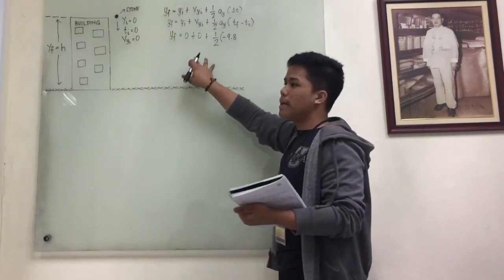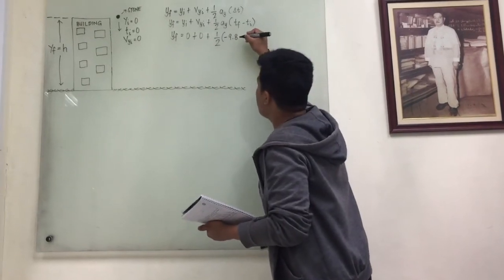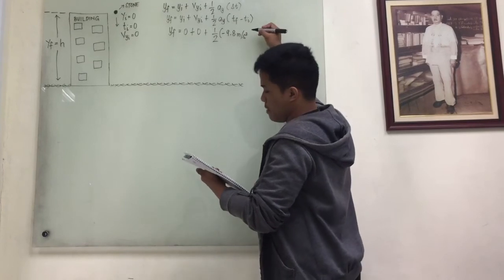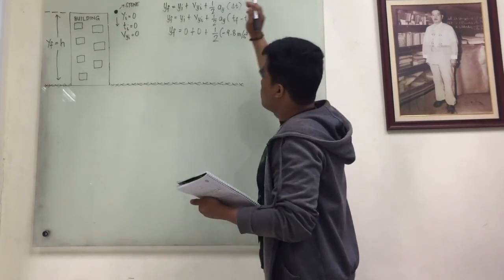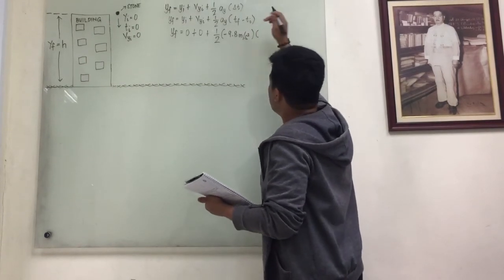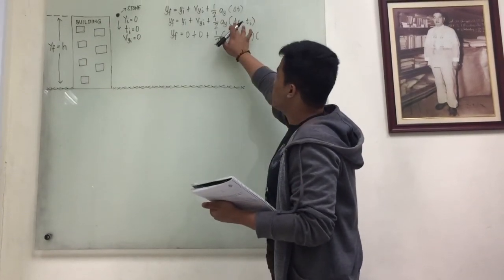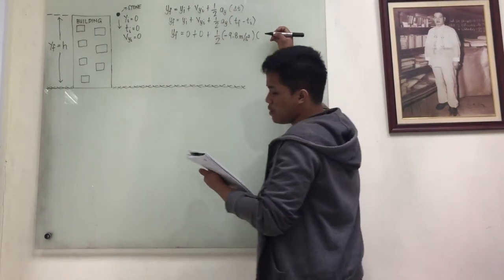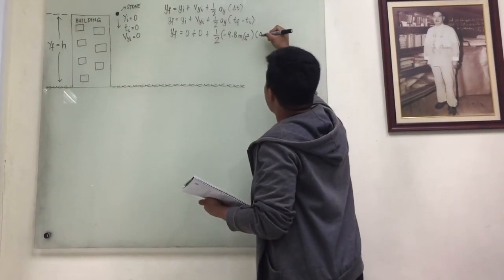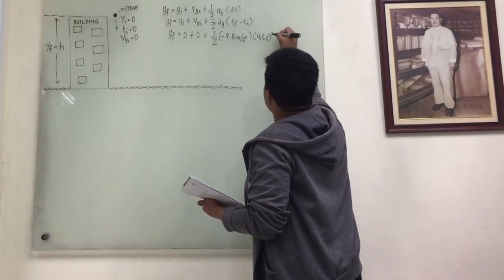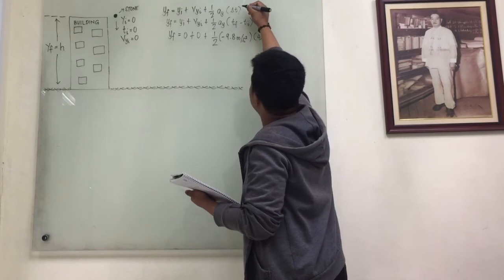Since this is a free fall example, negative 9.8 meters per second squared. And the initial time is equal to 0, so the remaining will be the TF, or the final time, which is equal to 4.5 seconds squared.